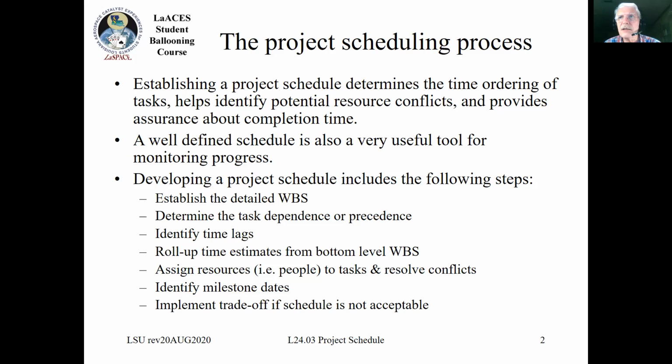Identify any time lags, things that are going to take some time for shipping, for things to come in, or if you're going to do a printed circuit board, how long it's going to take for that printed circuit board to come back from the vendor. And then roll up your time estimates from your bottom level WBS. Who is going to be doing what? Assign your task to individual people and resolve conflicts. As we'll talk later, you can't have a single person work on two things at the same time. That just isn't going to work.